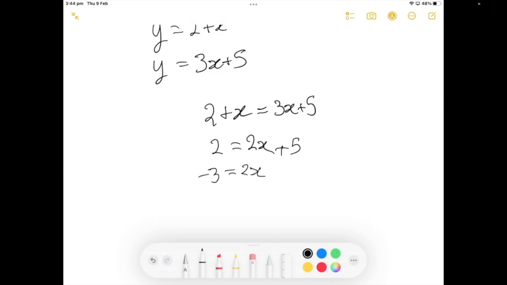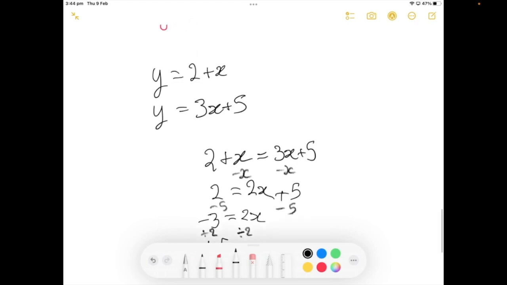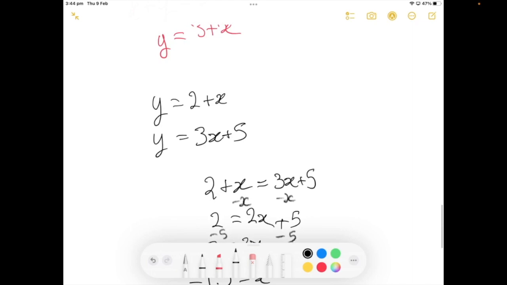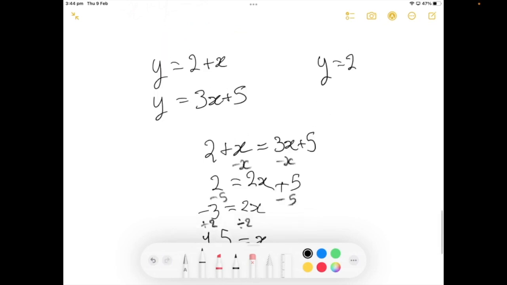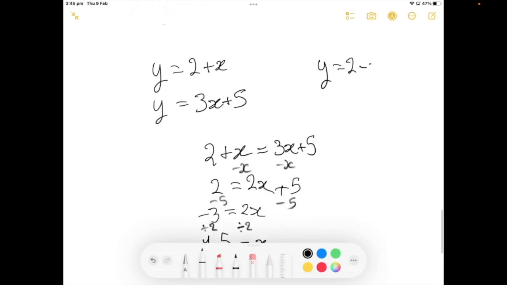Then 2x. Let me explain what I did. Then you divide negative 3 by 2. Negative 1.5 equals x. Now to solve for y, you just substitute that. So this would be y equals 2 minus 1.5, y equals 0.5.